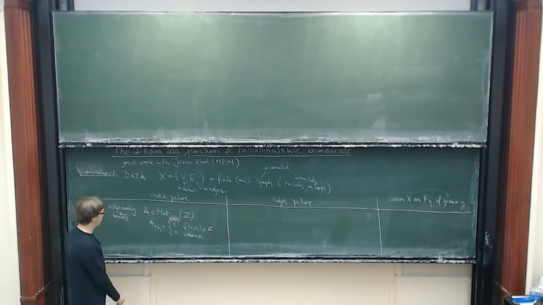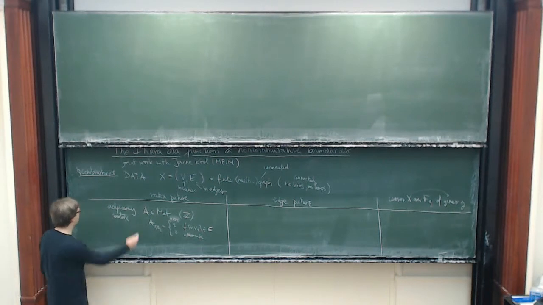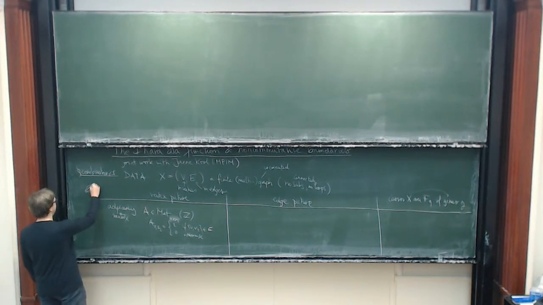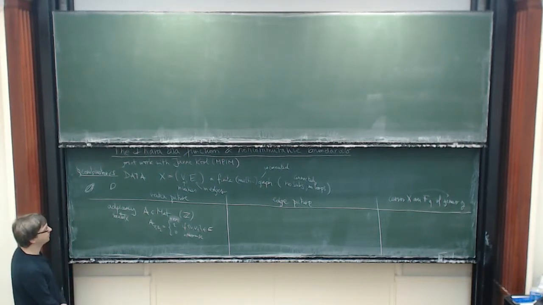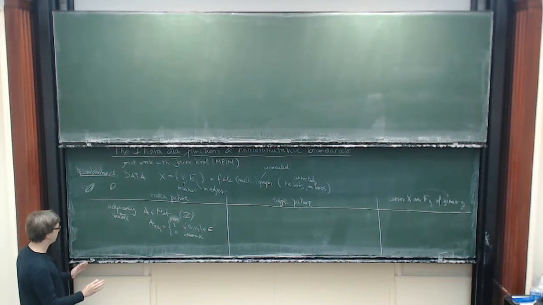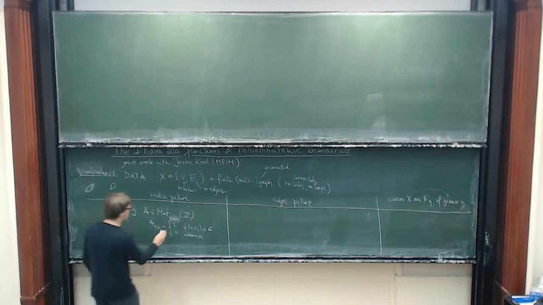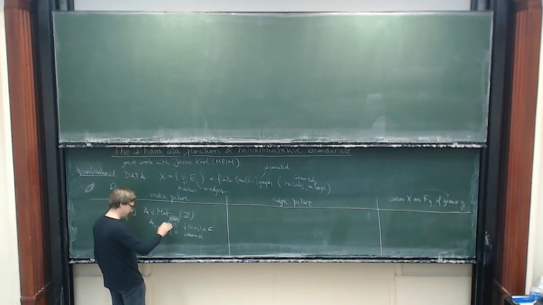It could be multi, so it could be this, and then this vertex to this vertex has 4. That's not a loop. This is a loop. Sorry. This number was wrong.